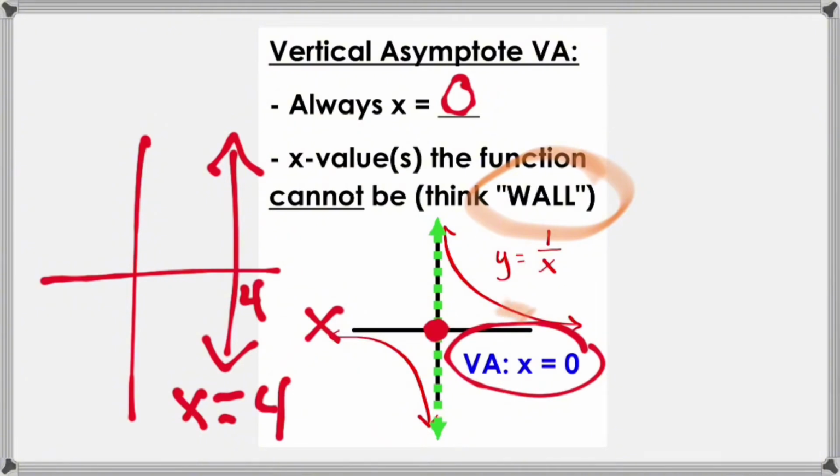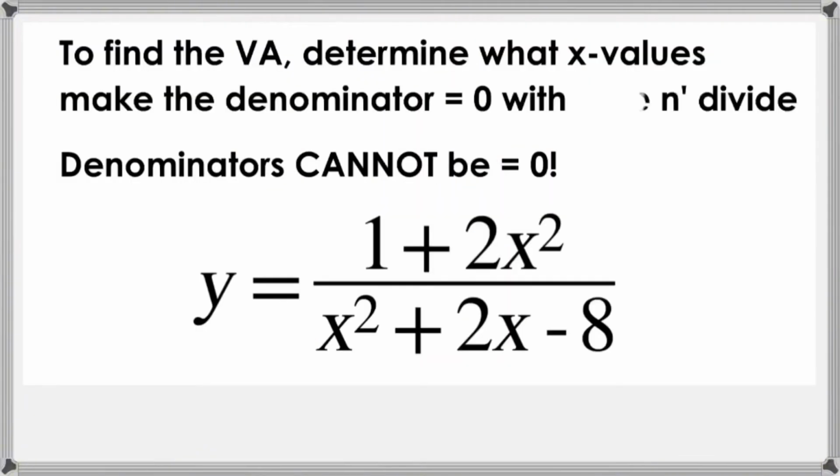You can see right here with the function, it is getting closer and closer to the asymptote, and then it's going to go up to infinity, but it will never touch the green line. Likewise, the other part of the rational function is going to go down forever, but get forever close to the asymptote.